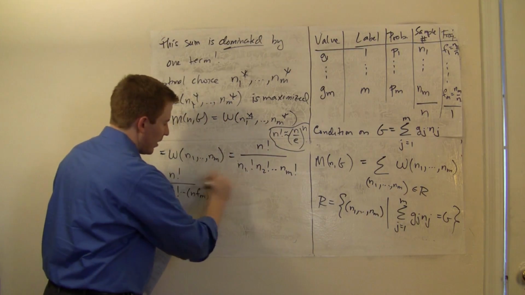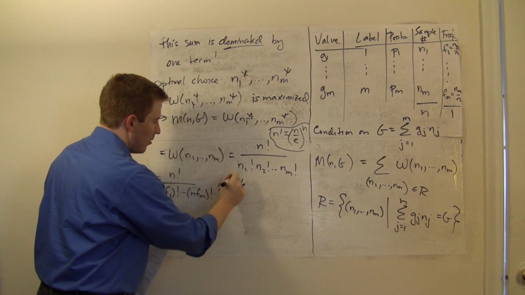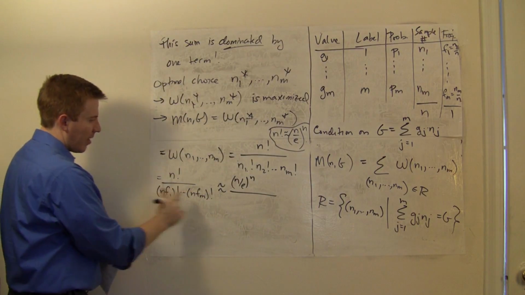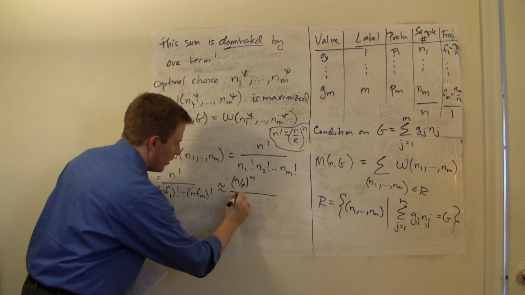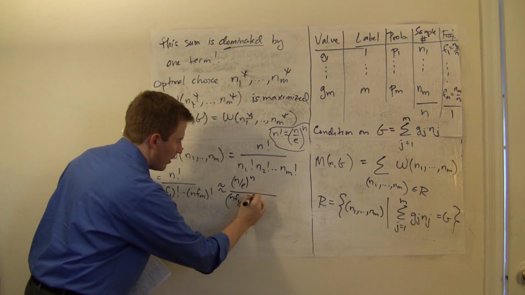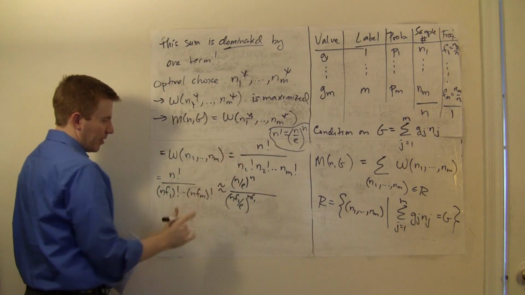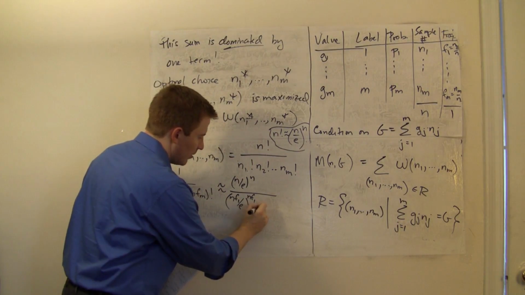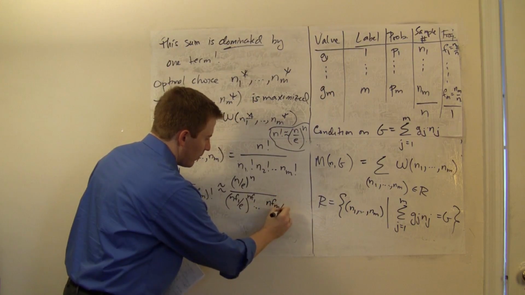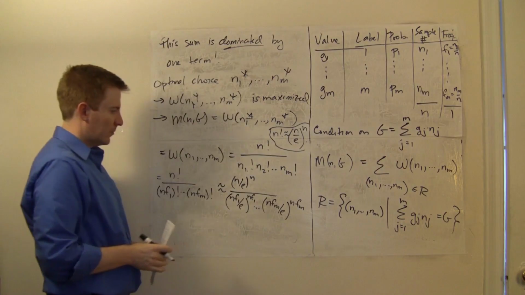Well, n factorial we're going to say is about n over e to the nth power. And then in the denominator, we're going to have n f1 over e to the n f1 power, times dot dot dot, n fm over e to the n fm power.